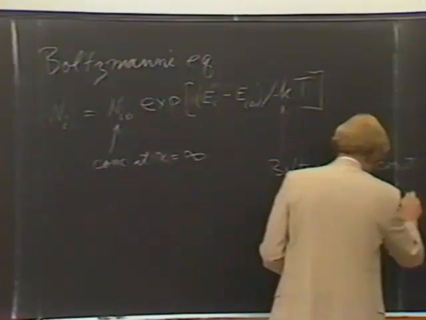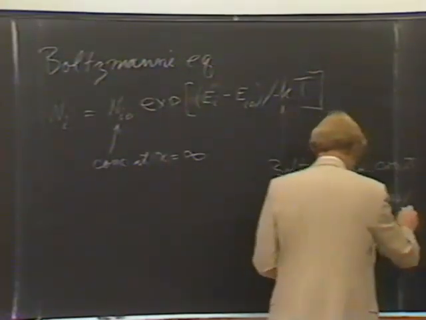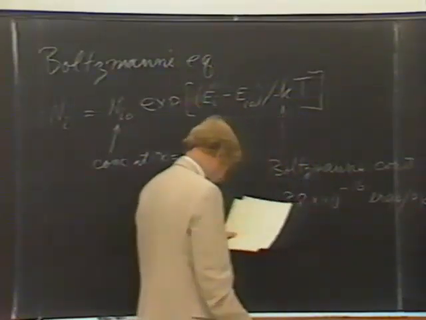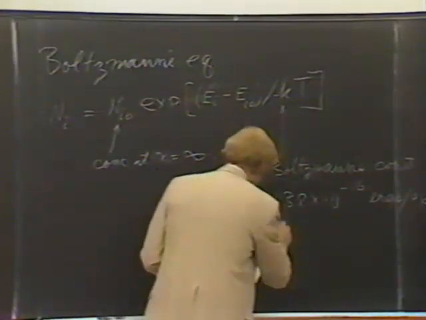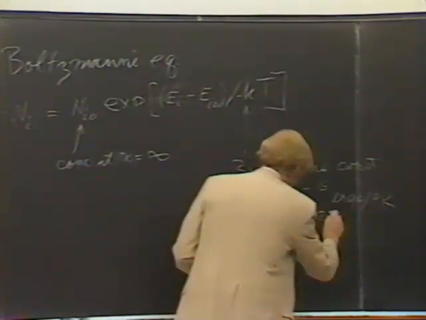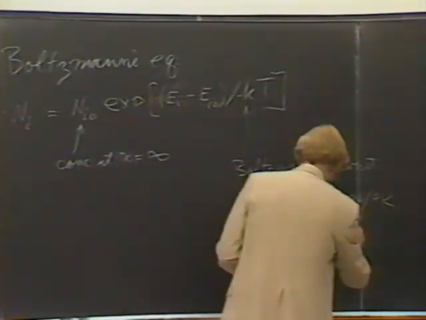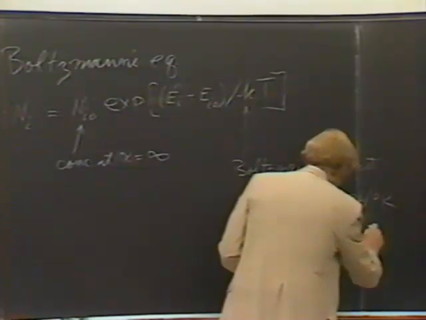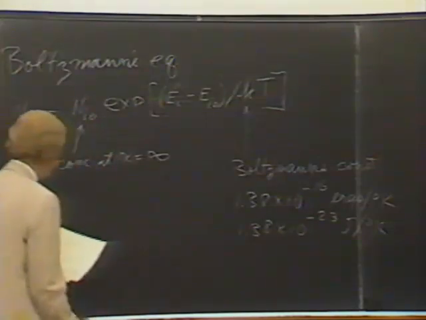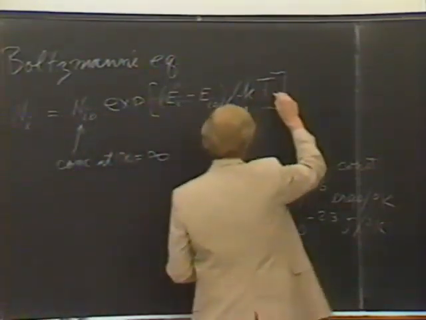It's also 1.38 times 10 to the minus 23 joules per degree Kelvin. And T is the absolute temperature in degrees Kelvin.